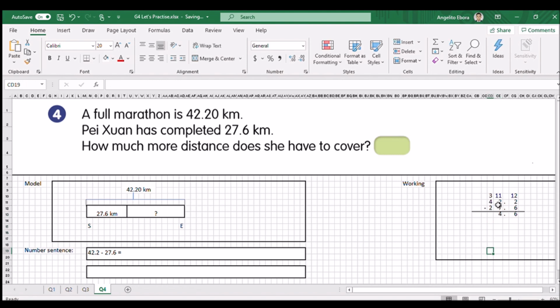And then 3 minus 2 is 1. So our answer is 14.6 kilometers. 14.6 or 14.60, they are the same. So there you have it.